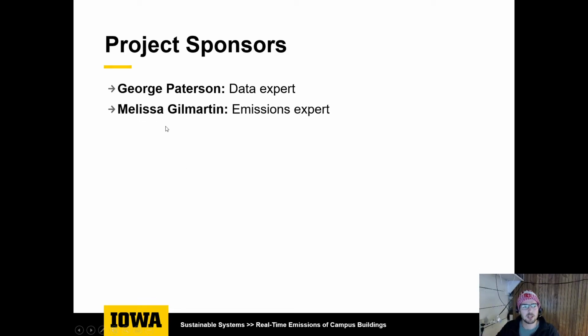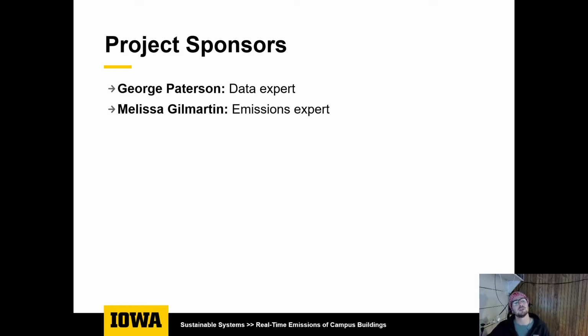Our second project sponsor is Melissa Gill-Martin. She was the emissions expert for this project. For example, the data we have is how much coal is going into the boiler or how much natural gas is going into a boiler. But those values need to be converted into CO2 in order to get a value of CO2 emissions.